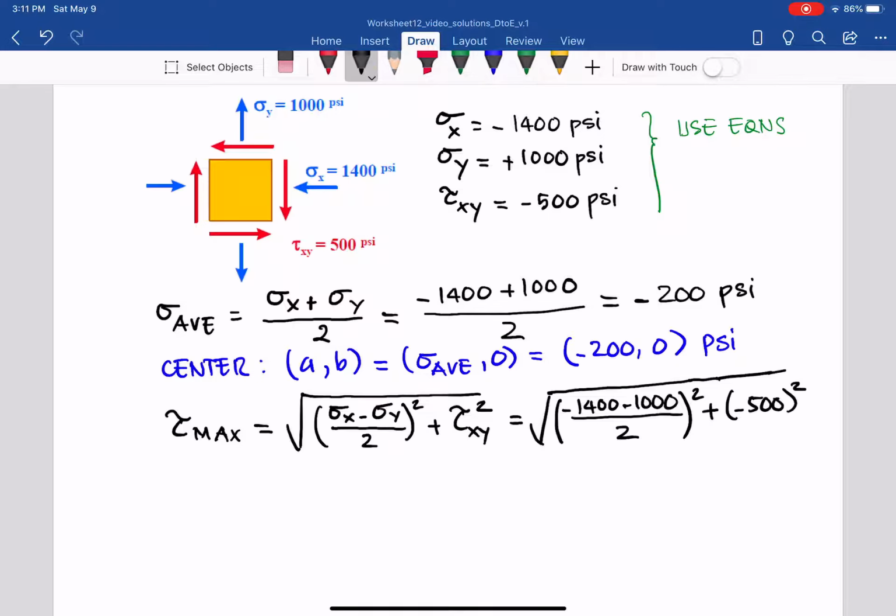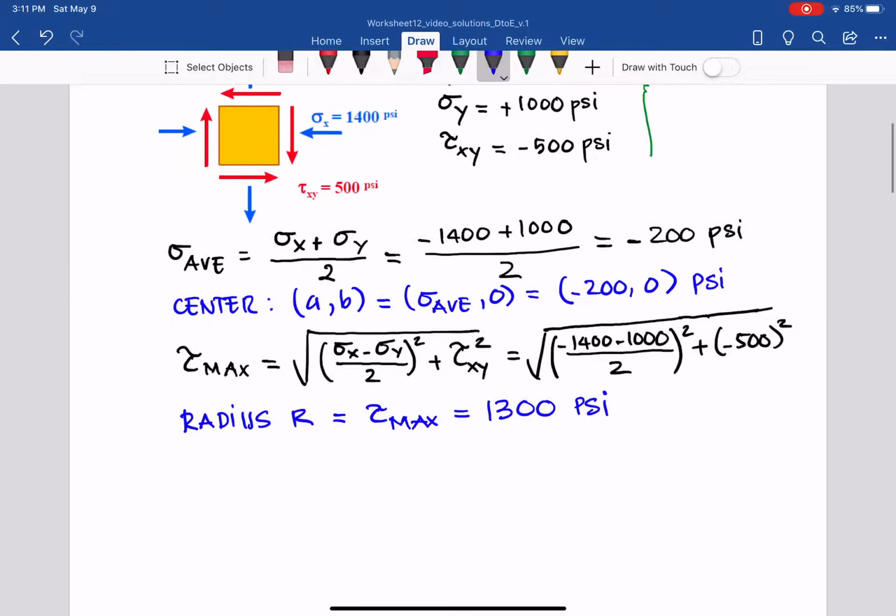So the radius of the Mohr circle equals tau max, which is 1300 psi. So we already have the Mohr circle center and the radius.